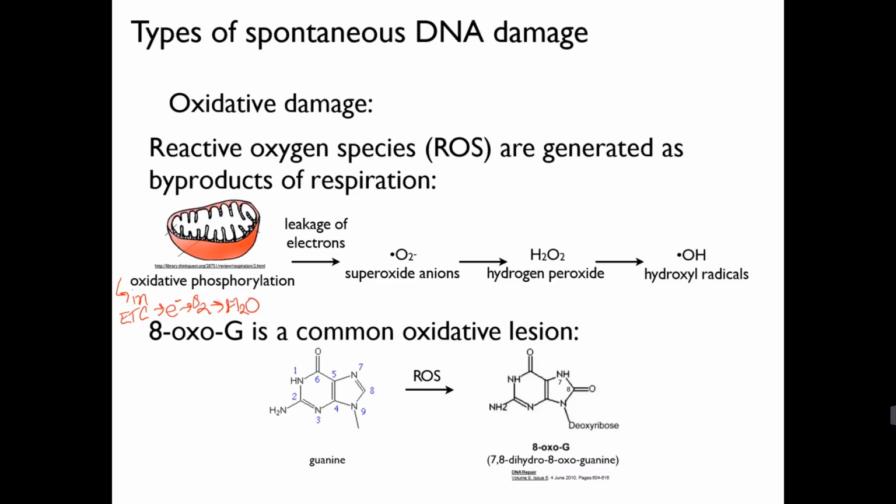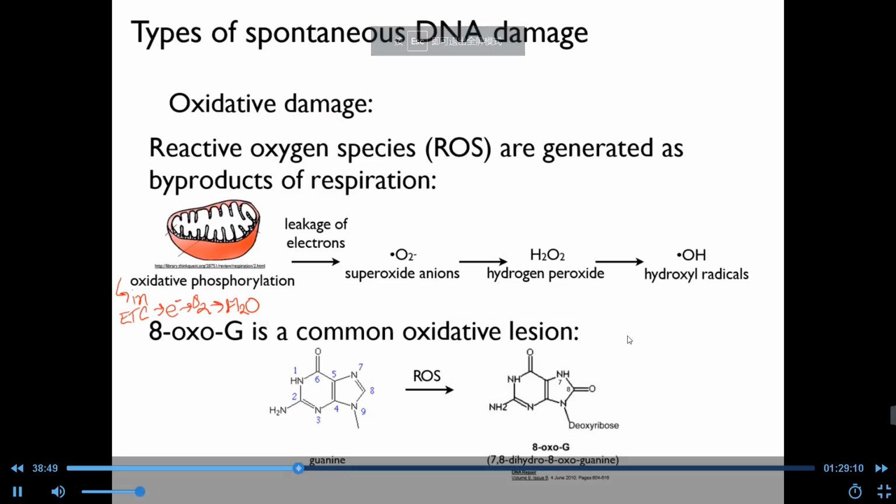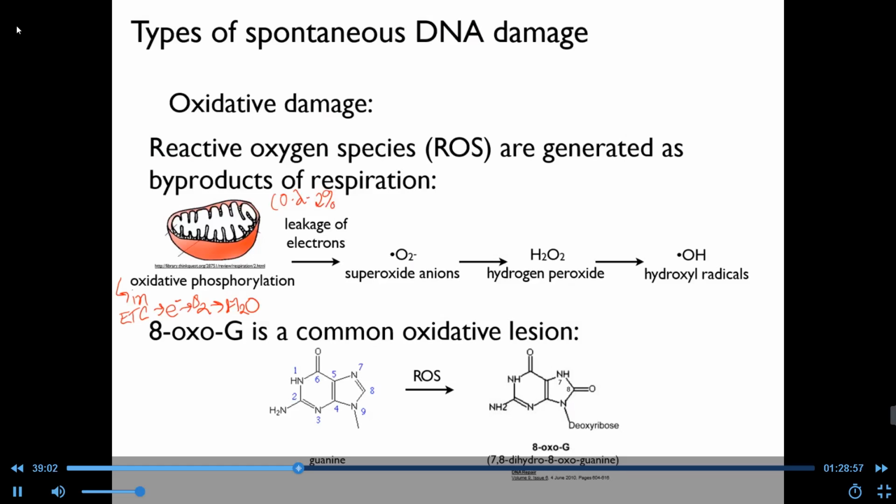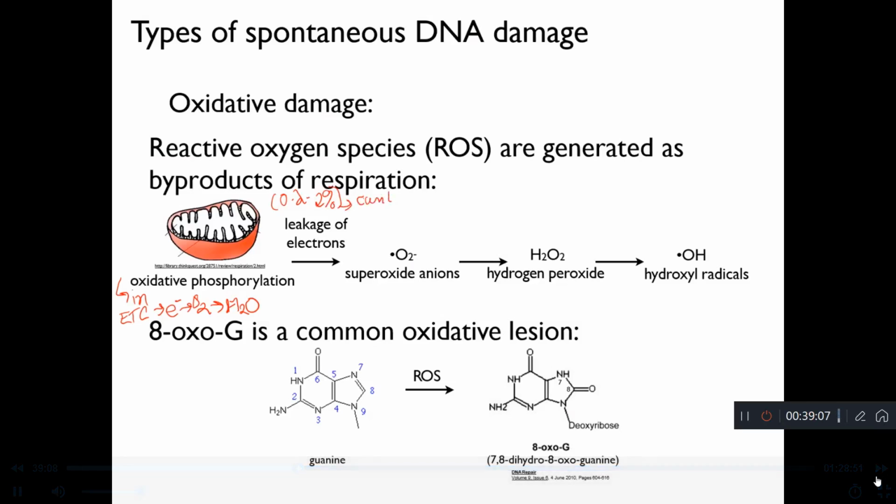However, this process is not perfect. Not all electrons end up on the terminal electron acceptor like they're supposed to. Depending on the age of your mitochondria, about 0.2 to 2% of these electrons can leak directly to oxygen.